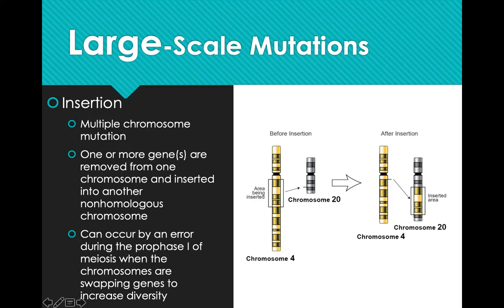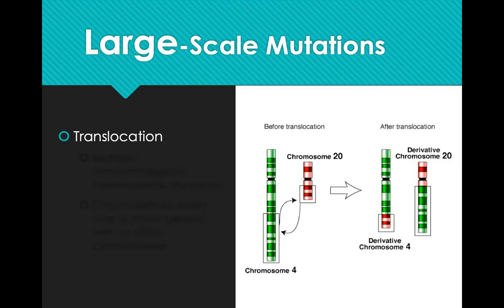So if they ended up with this chromosome 20 that has part of chromosome 4, now they're going to have extra parts of chromosome 4 because they're already going to have a chromosome 4 from the father, and now all of a sudden they have extra chromosome 4, or maybe they have a different copy of my chromosome 4. So you end up with more issues further down the generation line.